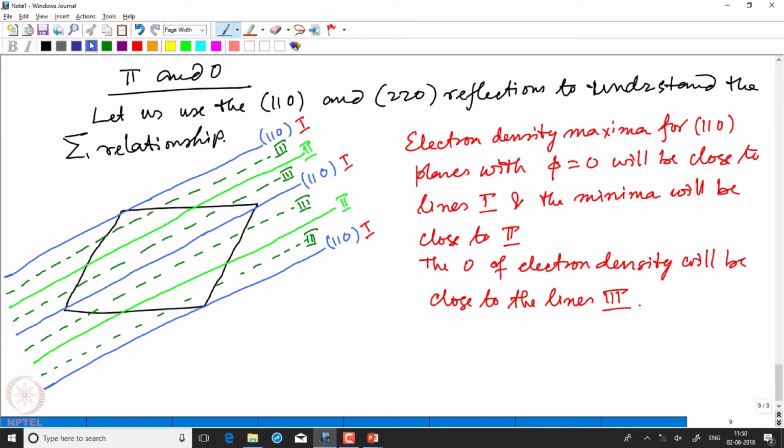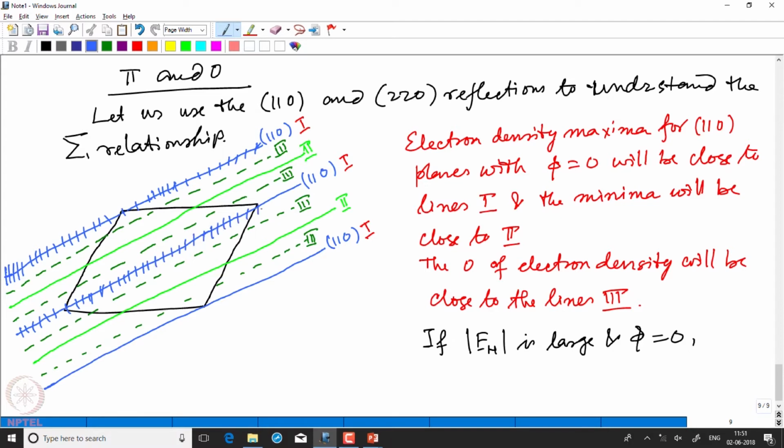So what will happen is, if the mod Eh is large and phi is equal to 0, we will see the large electron density close to the lines marked as 1, and minima will be close to 2 and 0 will be close to 3.